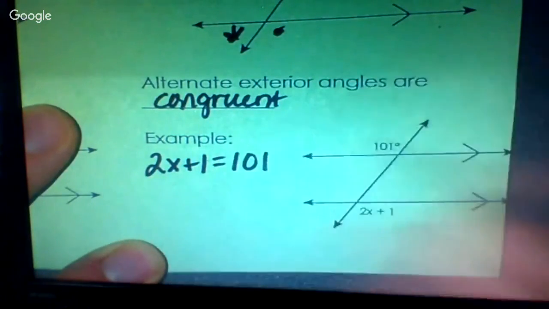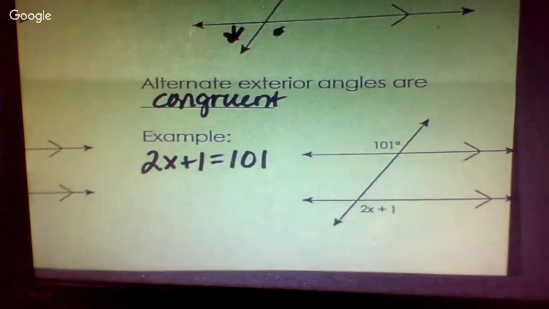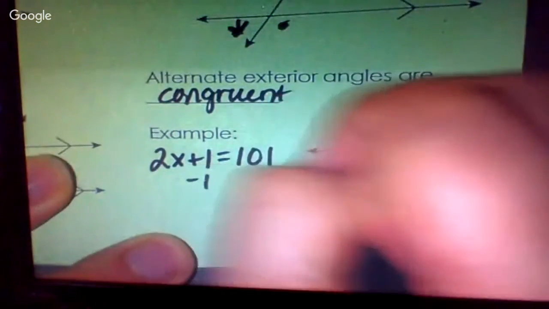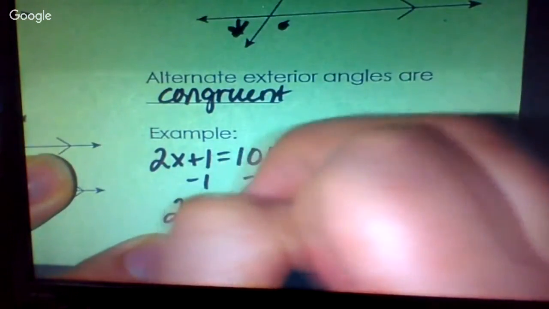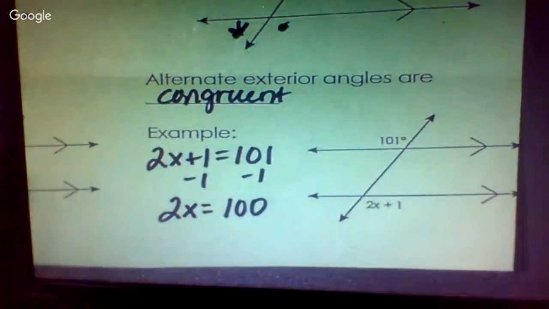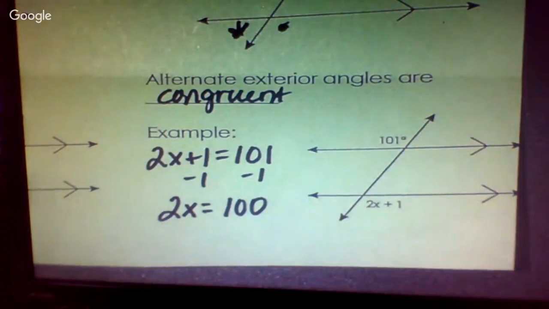Good. 2x plus 1 equals 101. First step is what, Amelie? Subtract 1. 2x equals 100. X equals 50. X is going to equal 50.